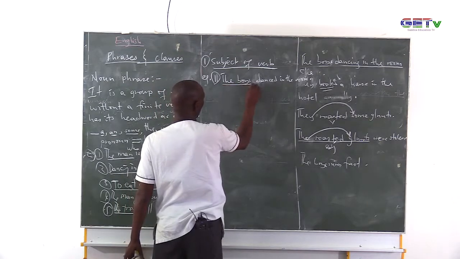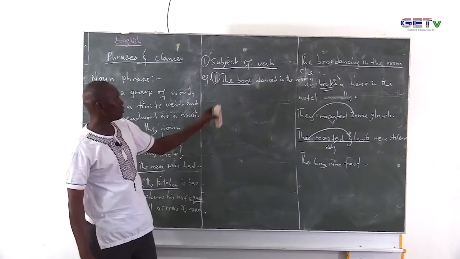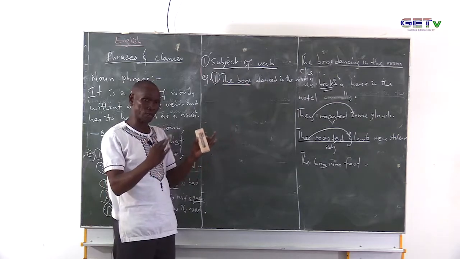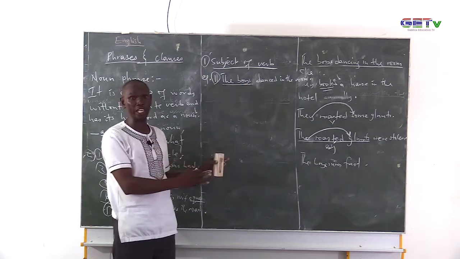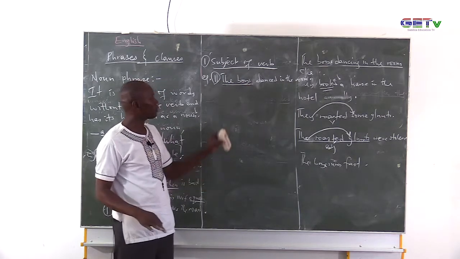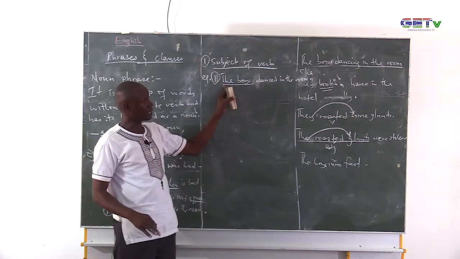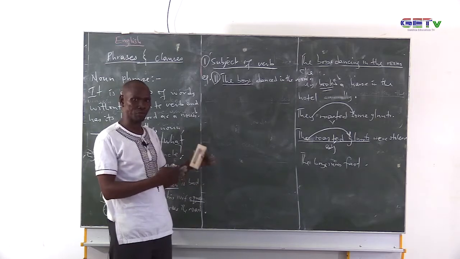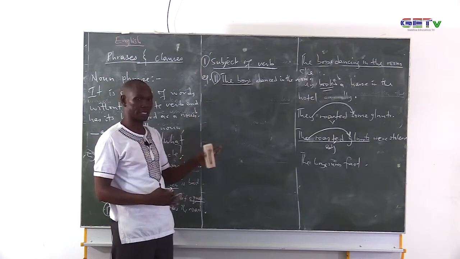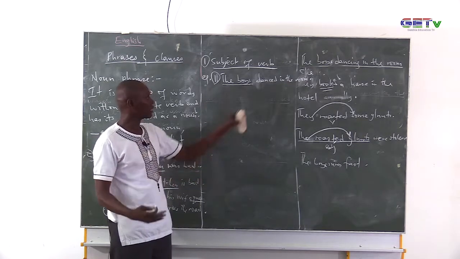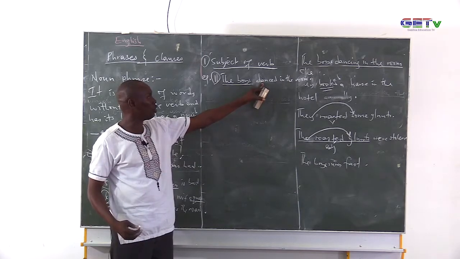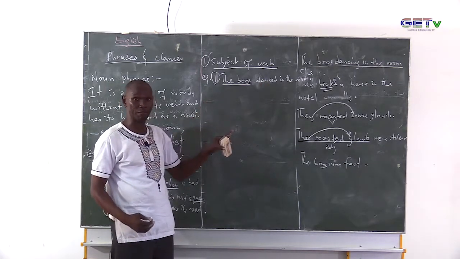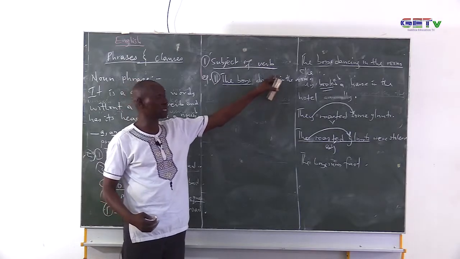Now here, if we underline the boys, what you look at is the underlined word and its position in relation to the verb. Where is the location? Is it after the verb or is it before it? Now that it is before it, which word comes after it? This is danced. Already we know this should be a verb because it has taken a past tense morpheme -d.